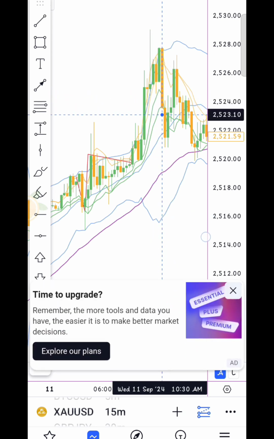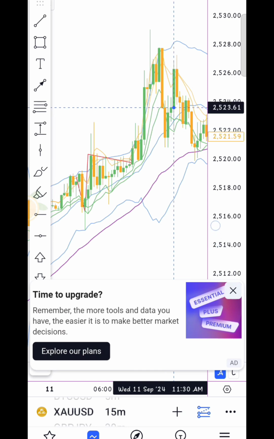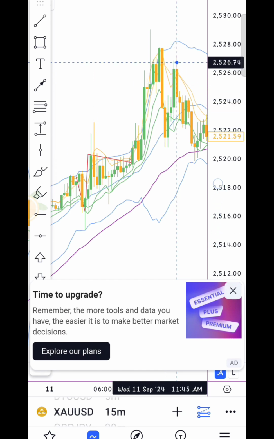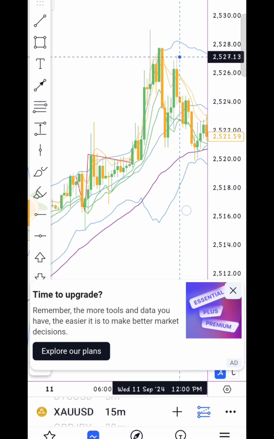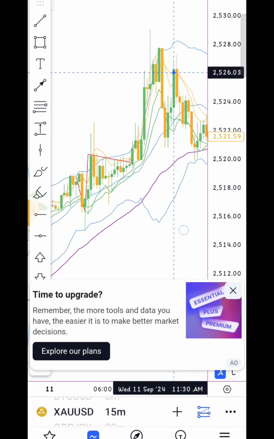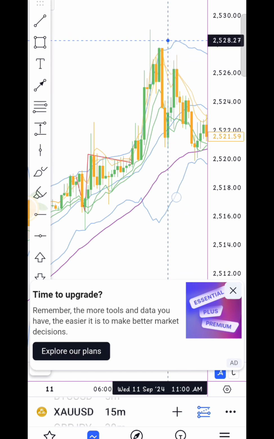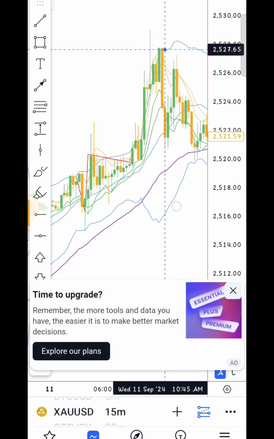Price came, took the mandatory TP, it came back, creating MLV or market lost volume here, because market loses volume in case price fails to close above the Bollinger Band.